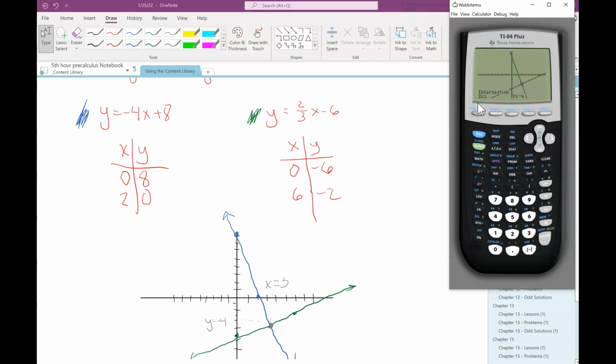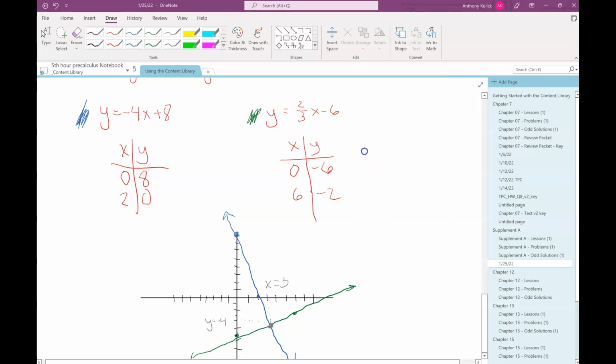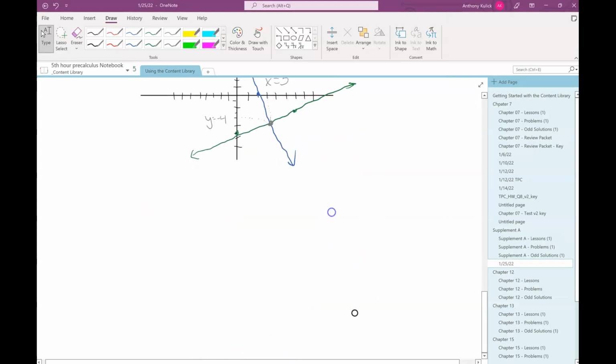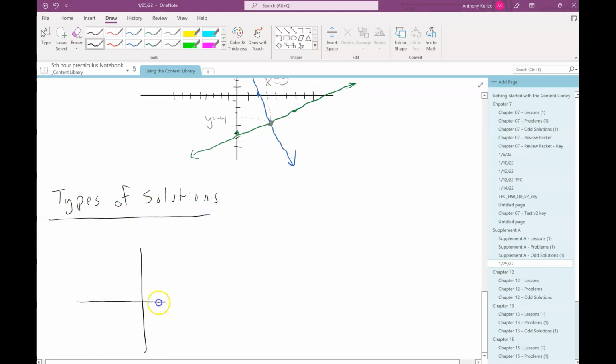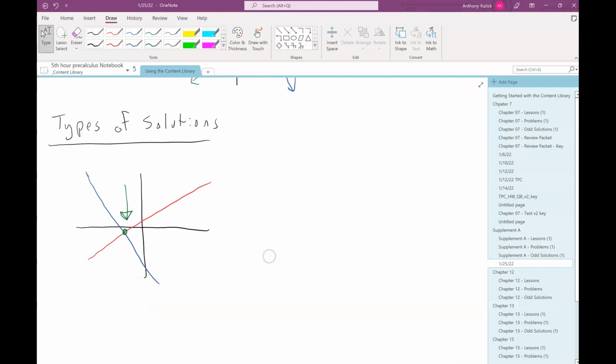Now, the question becomes, is there always just one solution? Right? We've seen that surely if I have two straight lines, they can intersect and give us one solution.